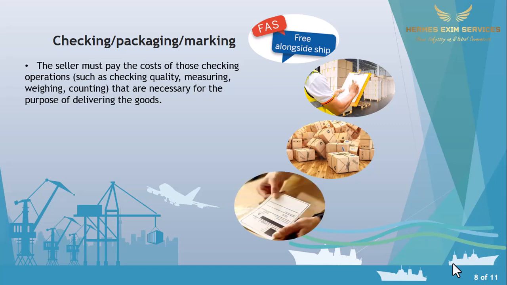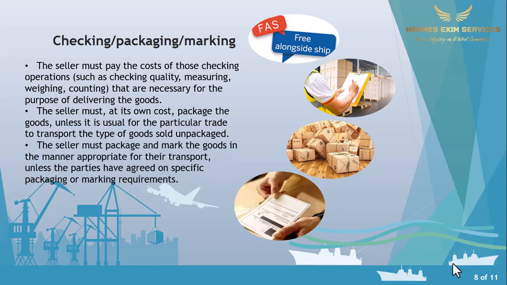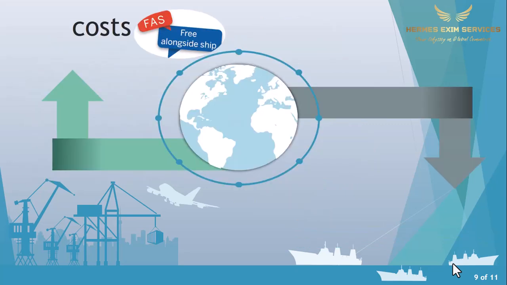The seller must package and mark the goods in the manner appropriate for their transport, unless the parties have agreed on specific packaging or marking requirements. The buyer has no obligation to the seller to check, package, or mark the goods.